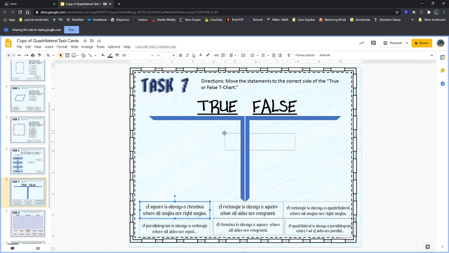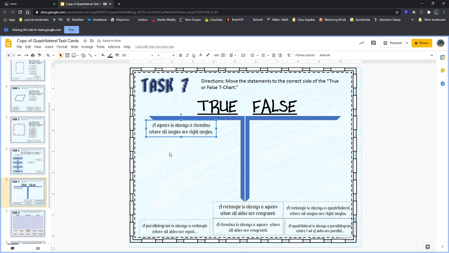Who can give me their idea? What do you think it would be? Alexa, what do you think? Is that true or is that false? I think true. That statement, true.